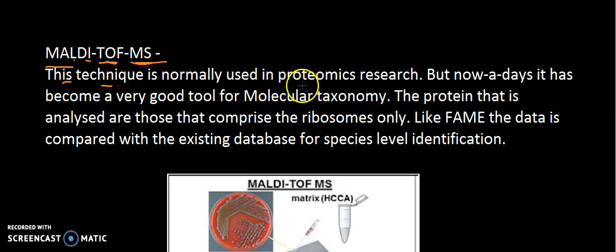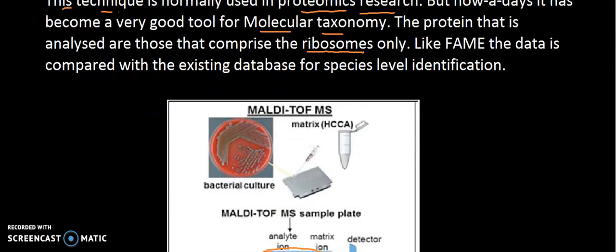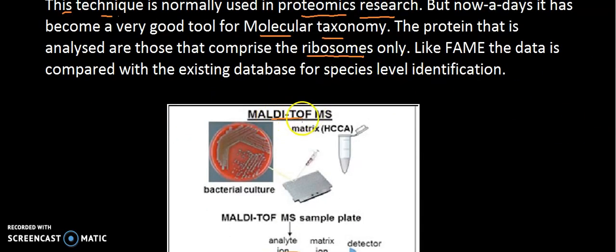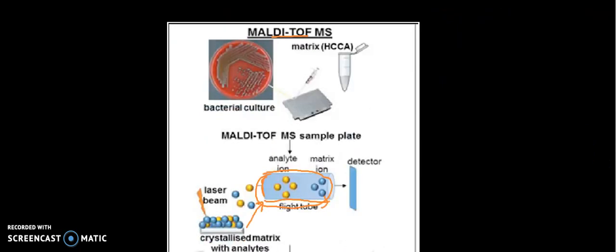Normally this technique is used for proteomic research, but nowadays it has become a very important tool for molecular taxonomy also, particularly taking the proteins of ribosomes. If you take the proteins of ribosomes, the total amount becomes less, and it becomes comparatively easy to compare. If you subject these proteins to MALDI-TOF, a pattern like FAME will come out.